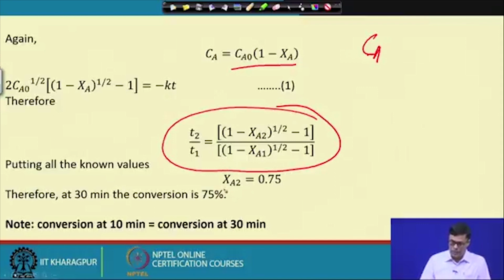Now if we put the value of xa2 as 0.75, then after 30 minutes the conversion is 75%. Previously we have seen in the problem that the initial conversion was also 75%, and I can go back.